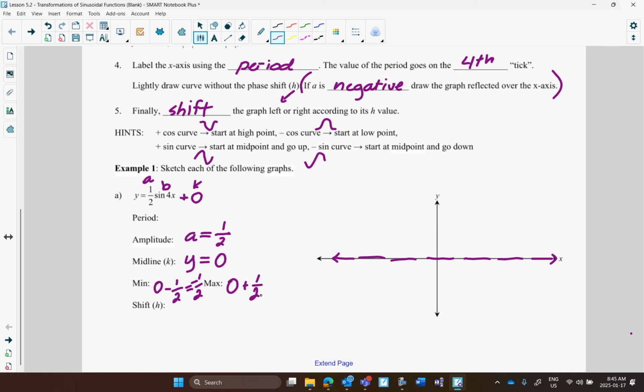I can just go like this, as long as I label it 1/2. I don't have to label any other notches along the vertical axis. And then I can go down here, negative 1/2. And then I sketch 2 horizontal dashed lines here, like so.